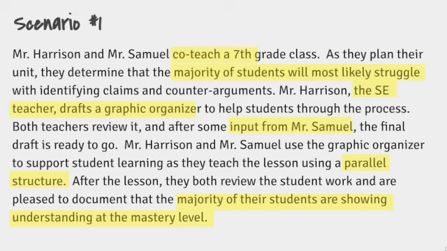Using the parallel co-teach structure, both teachers provide instruction using the graphic organizer. Their efforts proved effective in that the majority of students mastered the content. So, is this an example of SDI? You may pause the video if you require additional time to analyze the scenario.